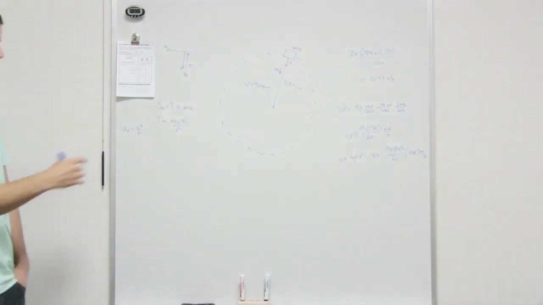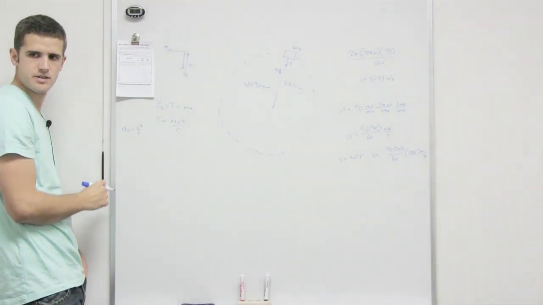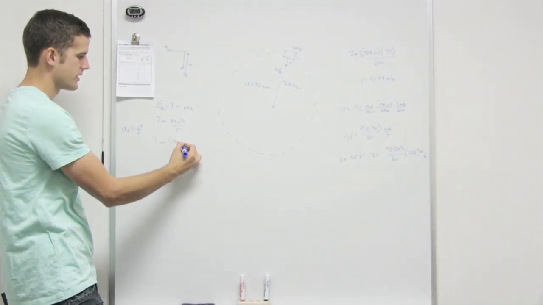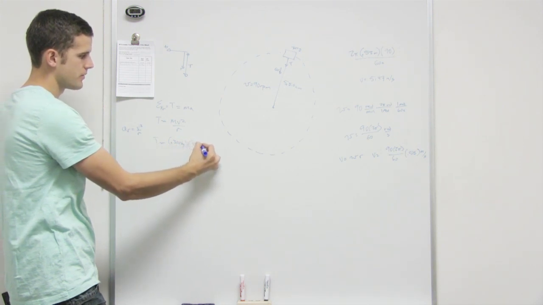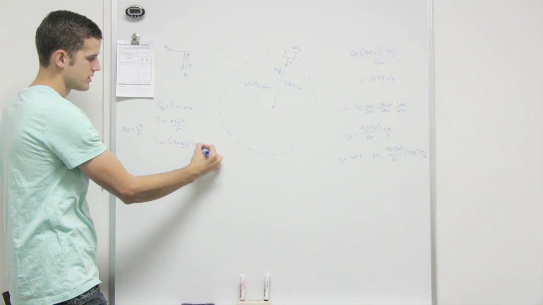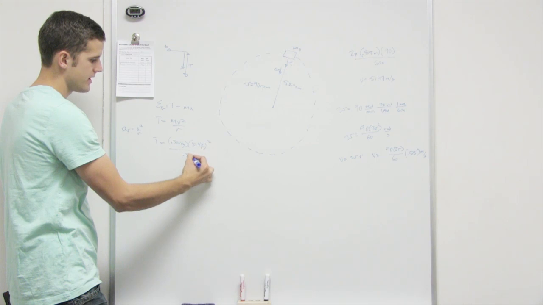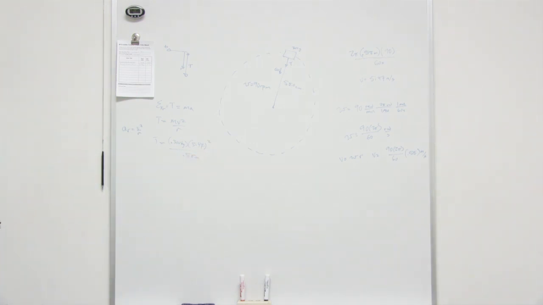And you want to use kilograms and meters. So T will be equal to 0.300 kilograms times 5.47 meters per second, squared, all over 0.58 meters. 5.47 squared divided by 0.58 is 15.48.